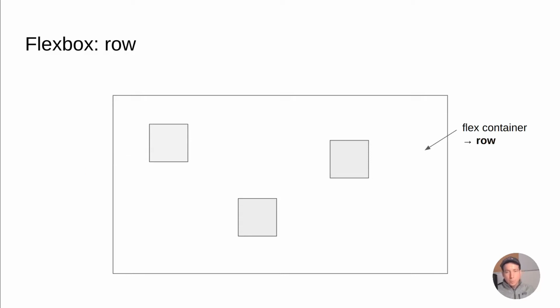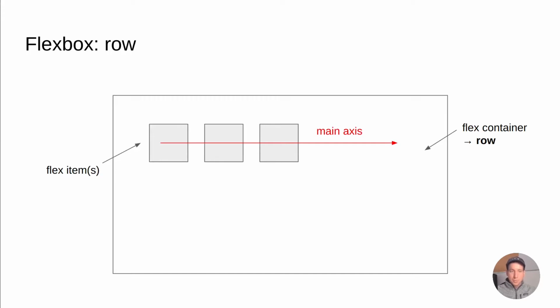But as soon as we apply a flexbox layout, which can either be a row layout or a column layout, things are going to change, because if we apply a flexbox layout to a surrounding container, we make the container into a flex container, and the children inside of that container will become flex items.